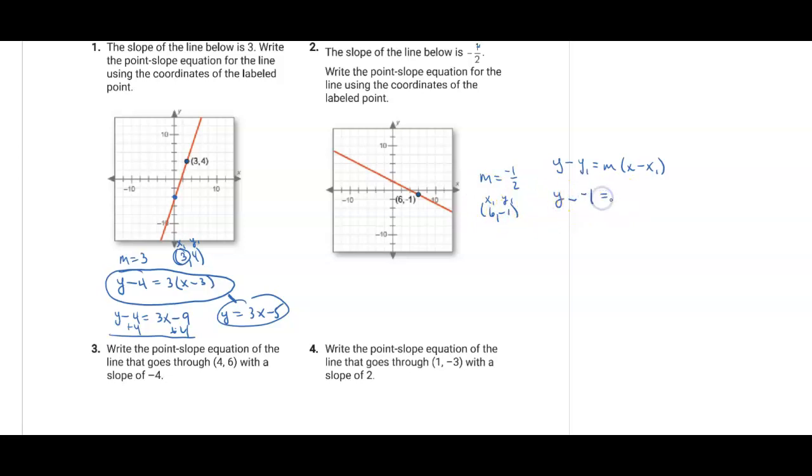It's negative 1 equals negative 1/2 times x minus 6. Now, here's the one thing you have to understand is you have to make that a positive. So your final answer should be y plus 1 equals negative 1/2 times x minus 6. Okay?